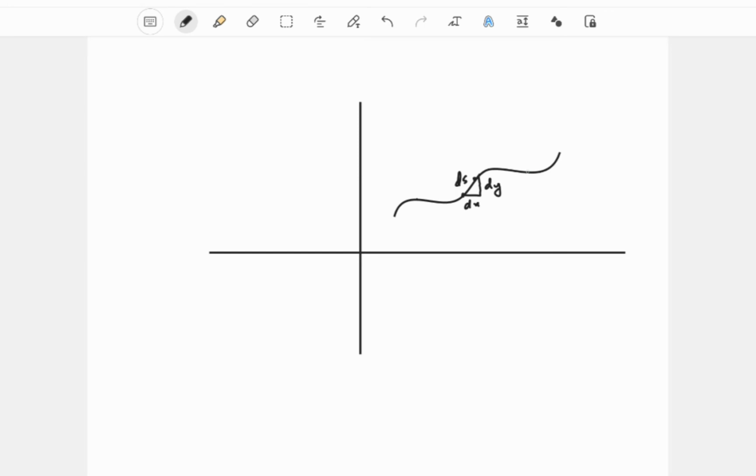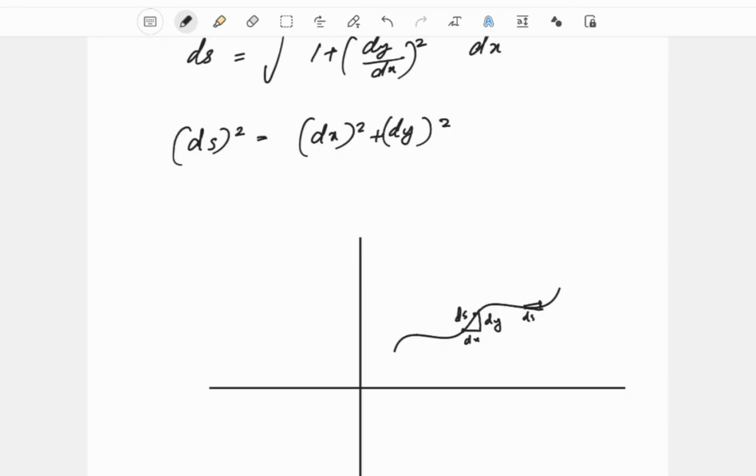If we consider another point, the change dx is like this and dy is like this, and this gives us ds. So this equation gives a geometric interpretation of the differential of arc length in terms of the differentials dx and dy. If dx is very small, then dy is also very small, and ds affords a good approximation of the arc length of the graph of f corresponding to the change in x.